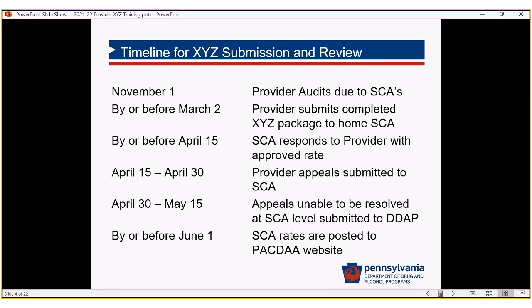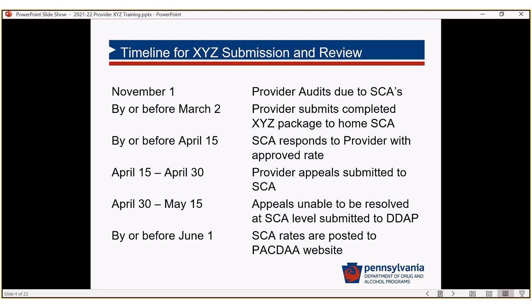So hopefully you've all downloaded the XYZ package from PACTA's website, or you have received it from your single county authority. And as we go through some of the slides, we'll try to reference which page of the package we're in so that you can try to follow along. And one of the very first things that you'll hear us mention, and that we'll probably reiterate, and you'll hear it from the SCAs, is that you should always be using the most current version of the XYZ package, which you can always find on PACTA's website under their rate setting area.